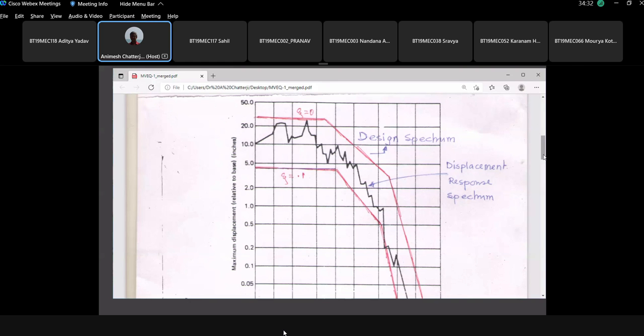Number one, the natural frequency of the building may not be within 30 hertz, but this is generally a remote possibility. In today's city context. If you go to a village, almost all the buildings will have natural frequency greater than 30 hertz.